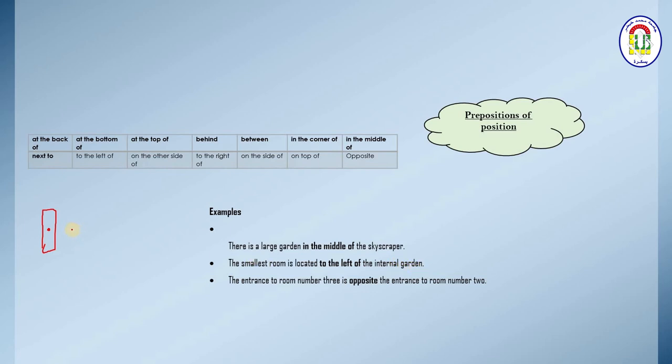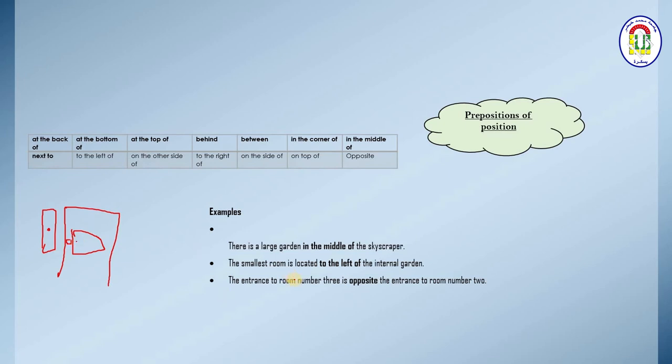So we have here in the skyscraper, I try to draw it. Sorry for this drawing. Okay. We have a garden. This is the garden inside. To the left of the internal garden, there is a smallest room. It is here. Okay. And this is the garden.